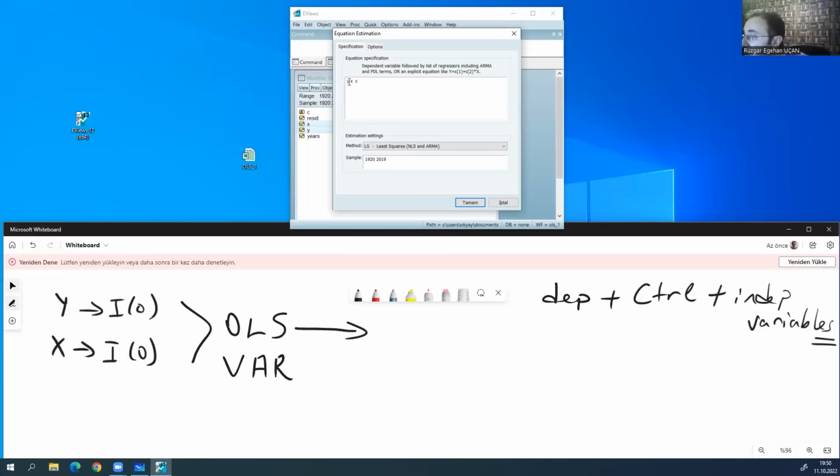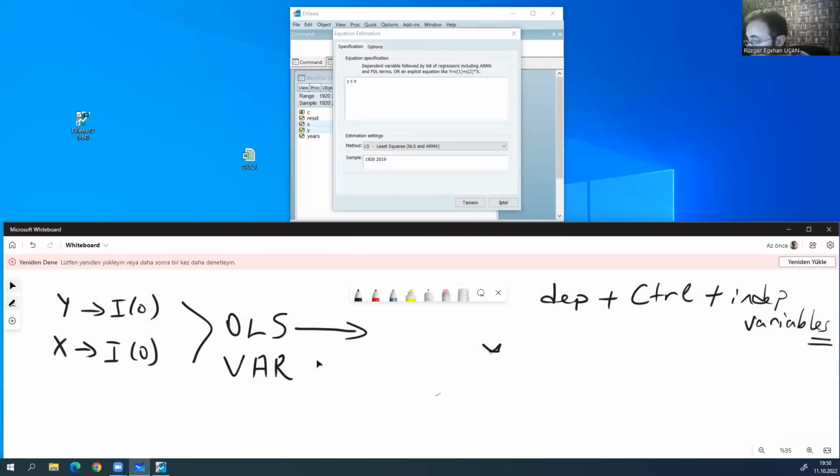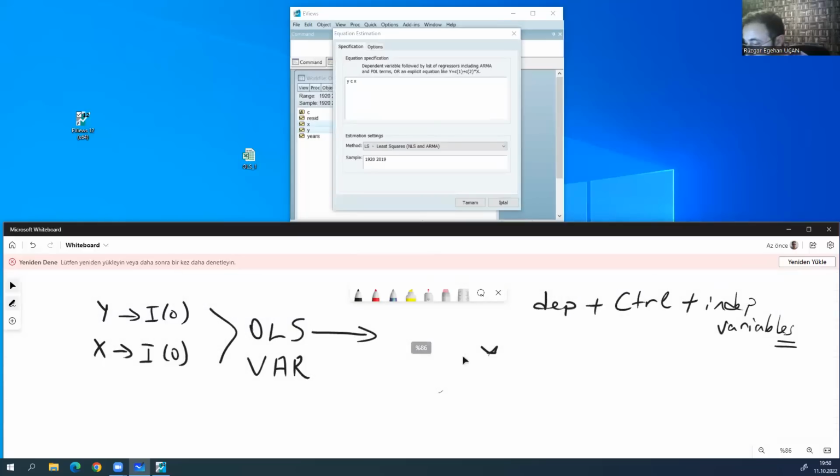You may also reorder your equation, Y X C or Y C X. Y C X means the equation is Y equals b0 plus b1 X, where C means constant.